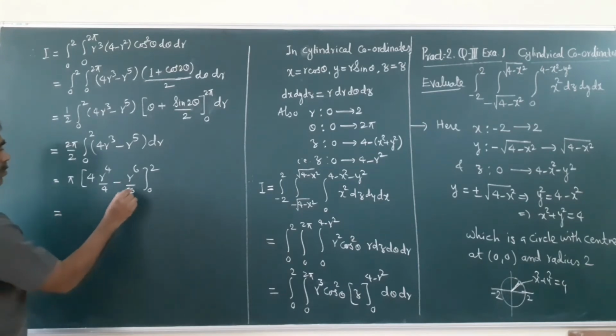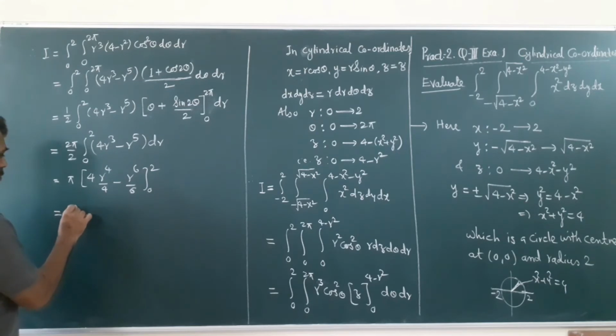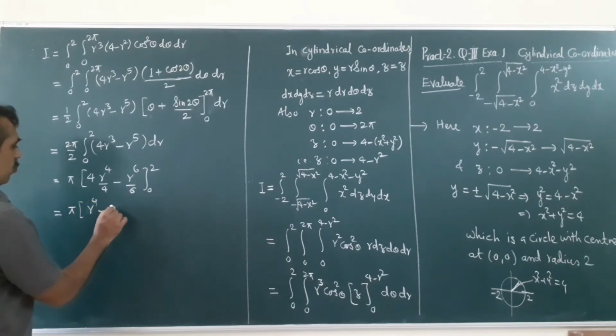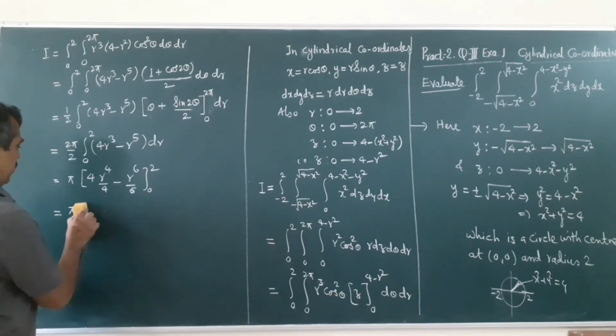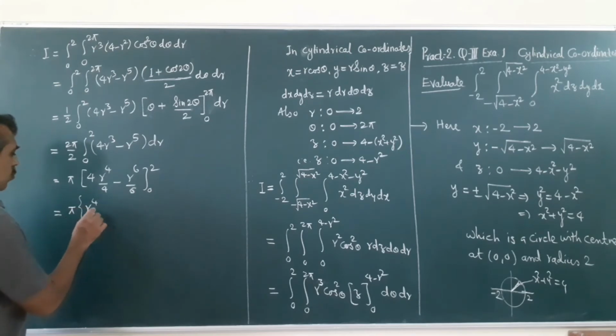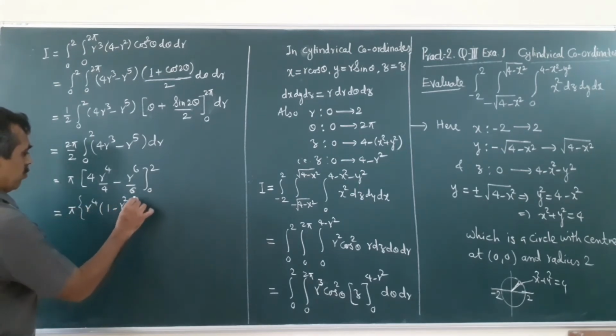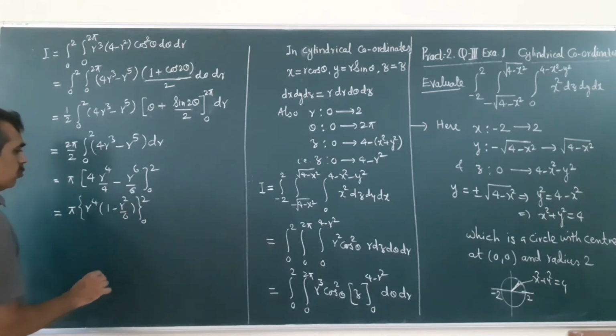So this 4 will go out, pi r raised to 4 minus, or a better way, very simple calculation, r raised to 4 into 1 minus r square by 6, from 0 to 2.